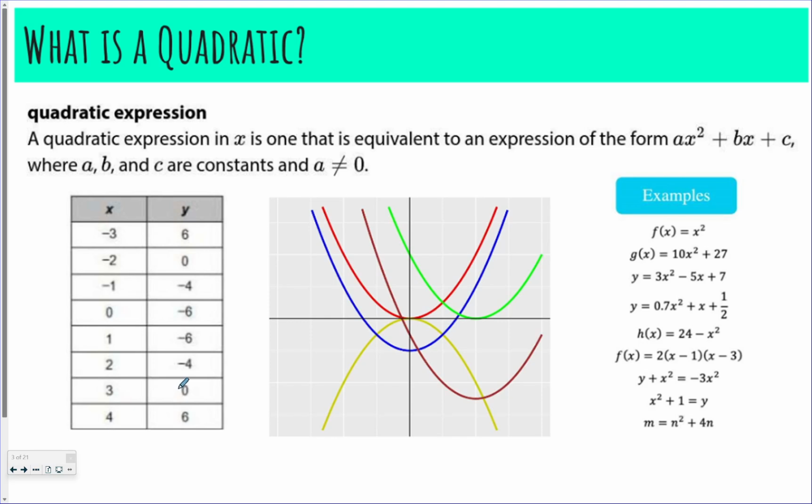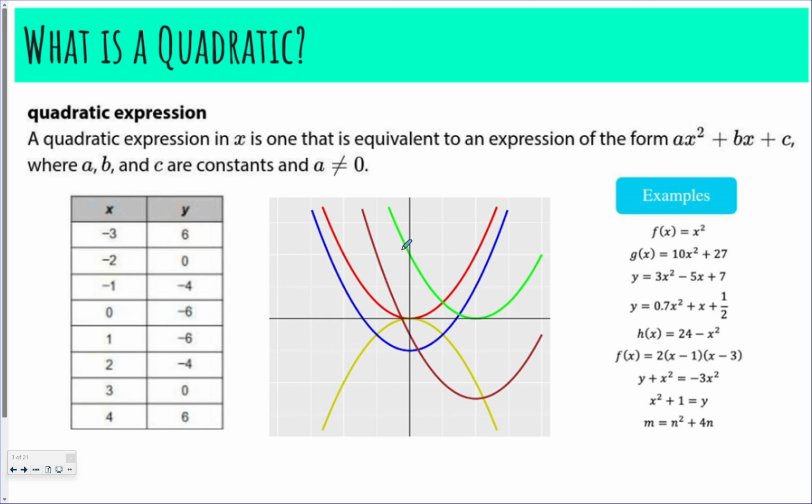I'm trying to look at it and see if I can come up with an equation. Actually, I think it is, now that I'm looking at it, it appears to be 2x squared minus 6. But knowing what the equation is from this table, we'll get to that part later.